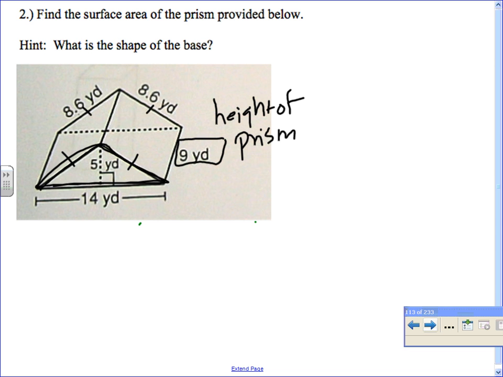Yep. I'm going to write it up on the board in a minute here. Don't look up here until you want to check. Adam, are you done?